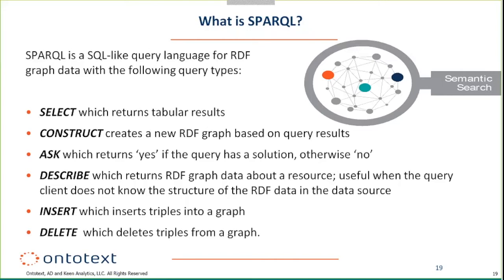And you can also use describe if you are unfamiliar with a particular data or a particular resource, and you want to get some more description of it. In addition, there are ways in which you can manipulate the data that is already there. For example, you can insert new triples into the graph, or you can delete triples that are already there.